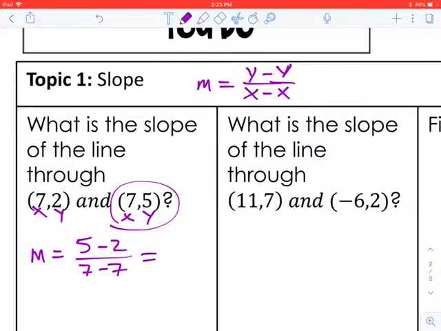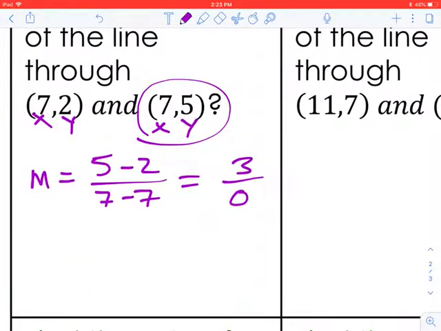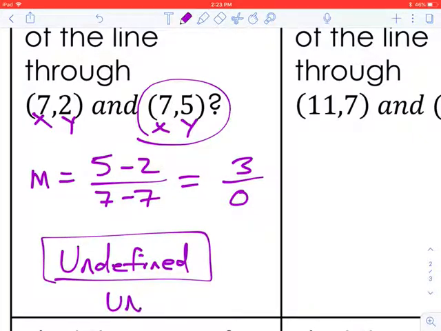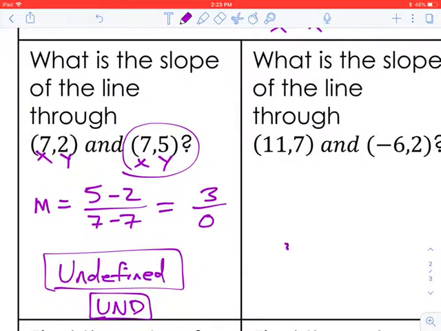So I end up with 3 over 0. Now, we've talked about it before, but 0 is allowed to be on top. It is not allowed to be on the bottom. And so if 0 is on the bottom, then your answer is undefined, or UND. Okay? So same thing on this one.